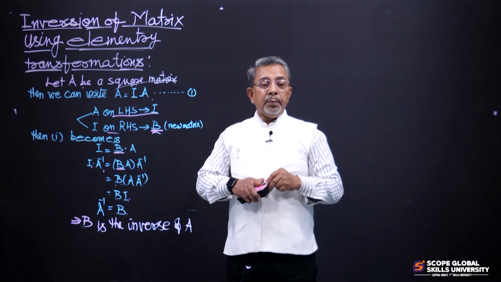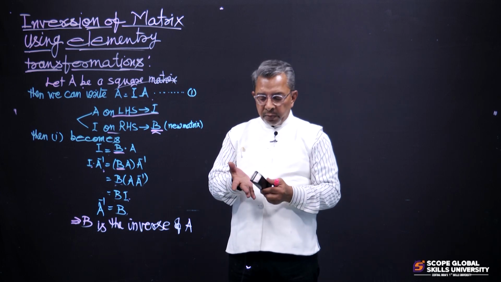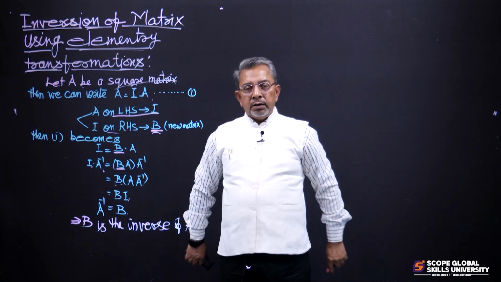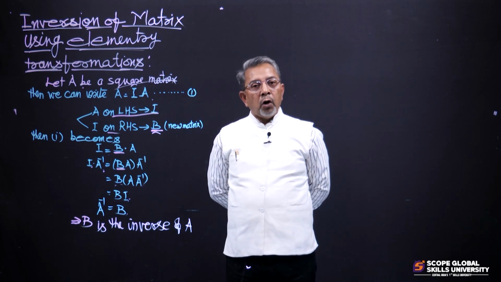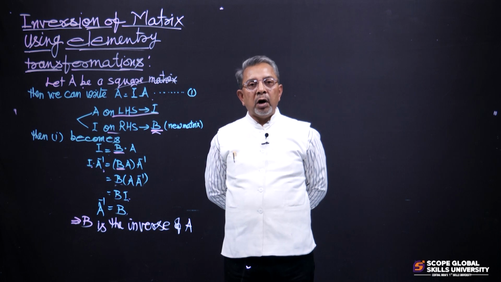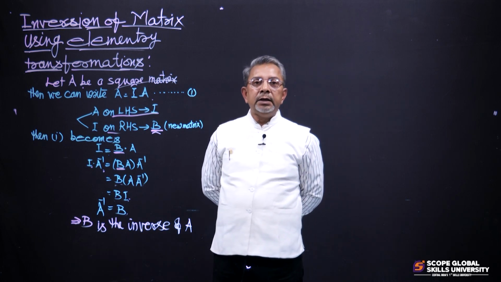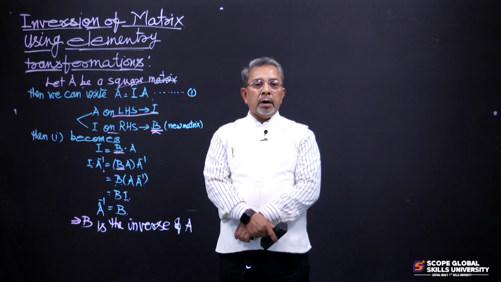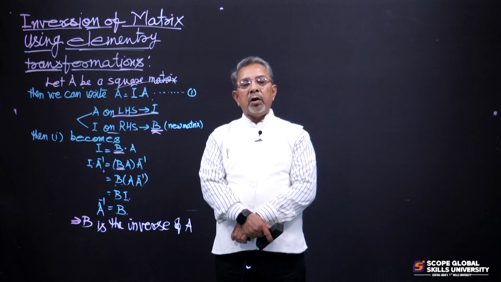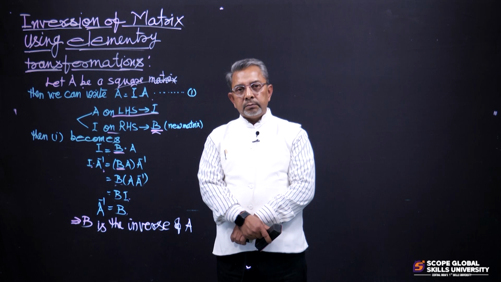This method depends only on basic elementary operations. Remember, these operations are either row operations at a time or column operations at a time. In the previous lecture, you had seen that when we had to reduce any given matrix to echelon form, we utilized only row operations.